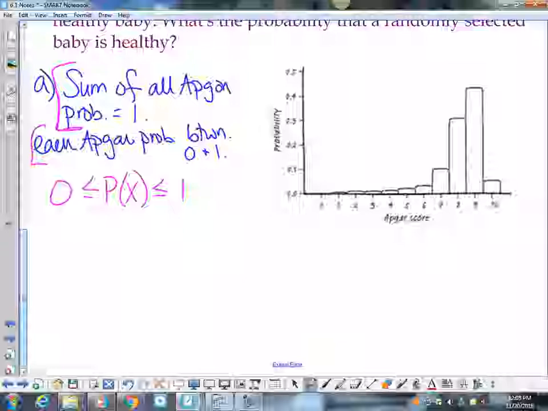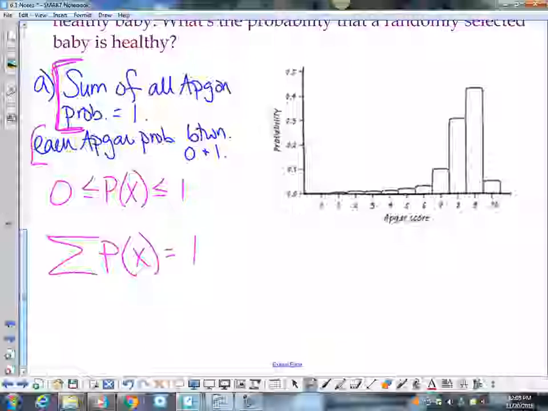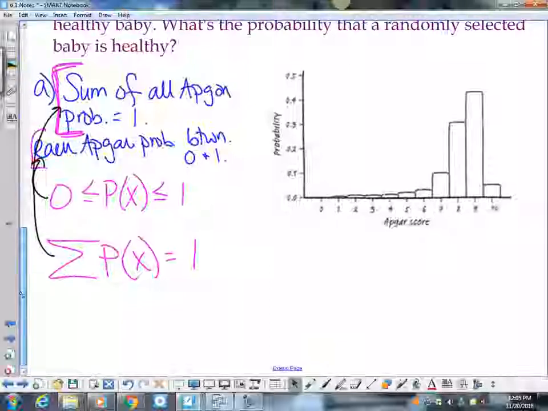You want to stats this guy up? Do y'all know what the symbol for sum is in math? It's the sigma. The sum of all the probabilities of x equal 1. So that's this guy, and that's that guy. Okay.